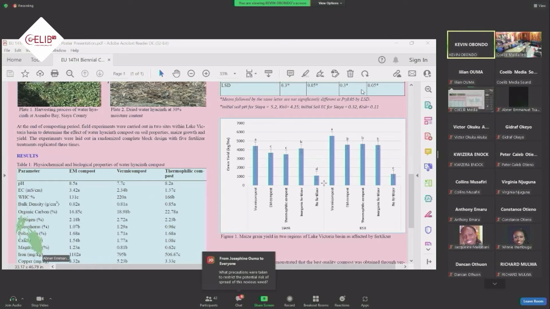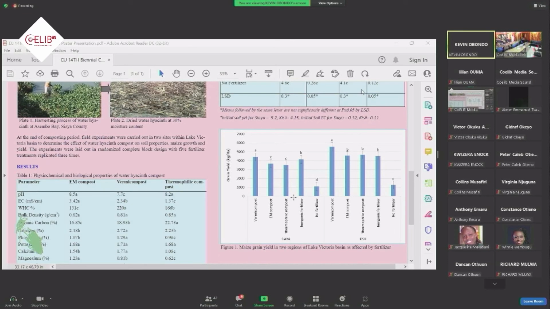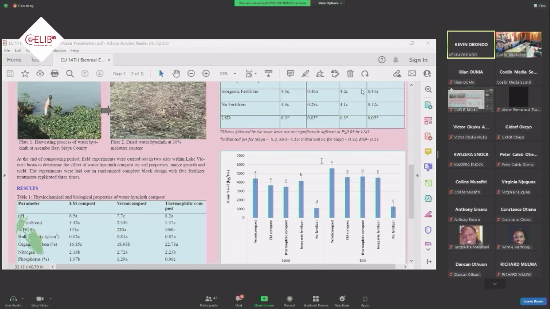The negative control, where we didn't apply anything, gave the minimum yield, approximately 1 ton. Where we used vermicompost, we got 4.5 times that. So it was 4.5 times where you don't use any fertilizer, and at least 10% higher than when you use chemical fertilizer.